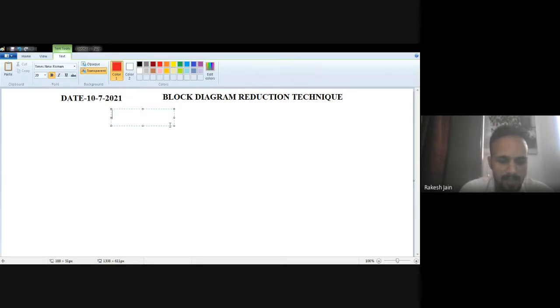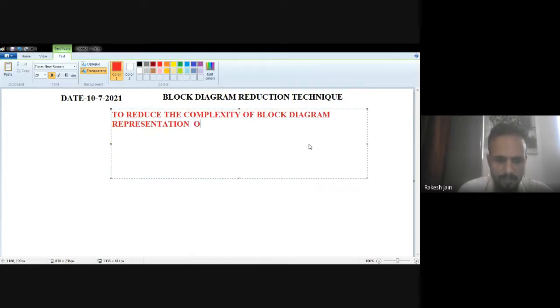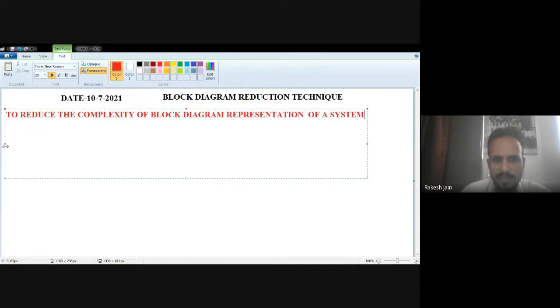So we use the block diagram reduction techniques to reduce the complexity of the block diagram representation of a system.